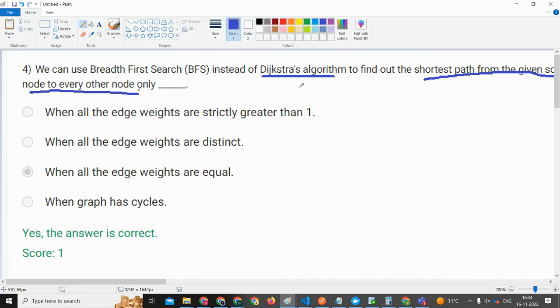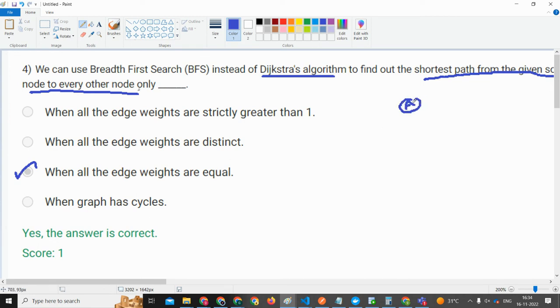My doubt is why BFS works when weights are equal, but when weights are not equal BFS is not working, and why Dijkstra's is working. If edge weights are equal, then BFS works, right? I just want to know why BFS does not work if weights are not equal.